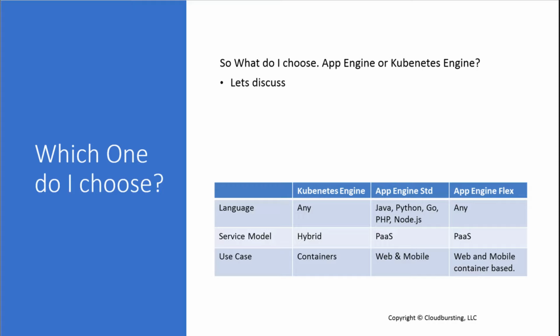One of the first things to consider is to understand how the containers are used. With Kubernetes Engine, it's more about the containers. With App Engine, the containers are more or less in the background to the developers, so they're not managing containers.